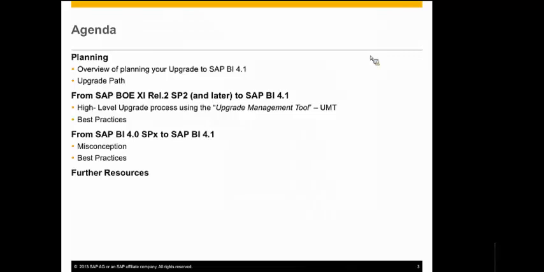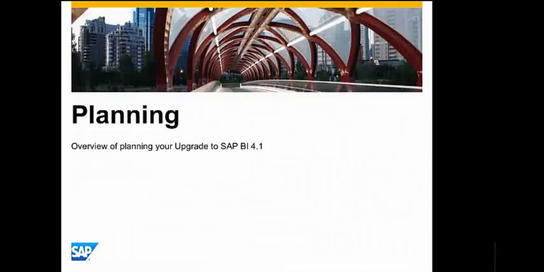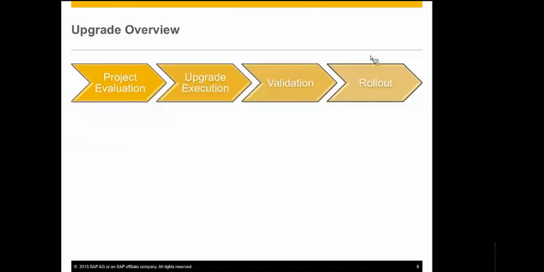But before we start talking about the process itself, we need to discuss the most important topic, which is planning. How do we plan the overview of upgrading your existing landscape into the latest BI 4.1 builds? After planning, we will discuss the approach if you have an XI build and want to move over to a BI 4.1 install.